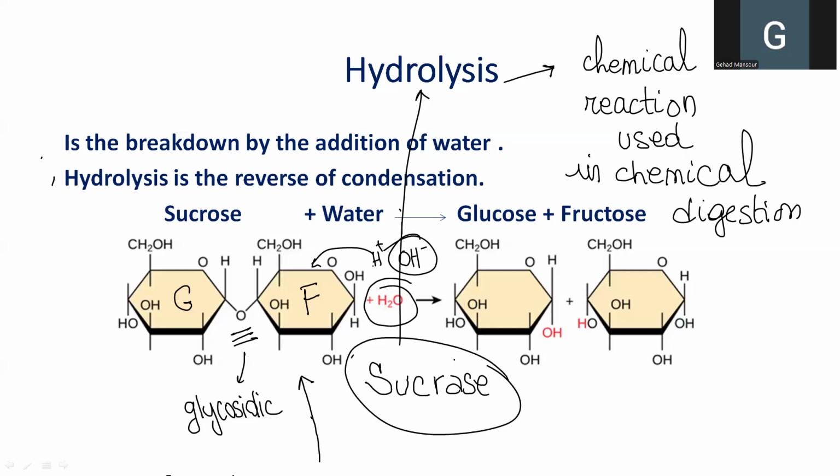Because you know that enzymes are specific. So every disaccharide will need a specific disaccharidase to hydrolyze it. So what is sucrase? Sucrase is an enzyme that catalyzes hydrolysis of disaccharides into their component monosaccharides.